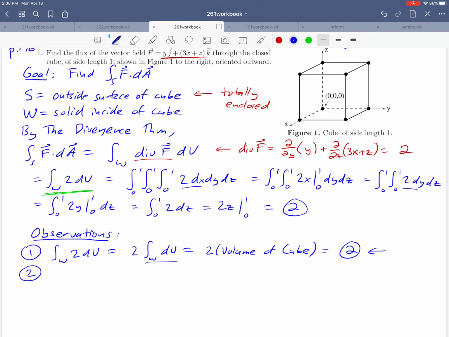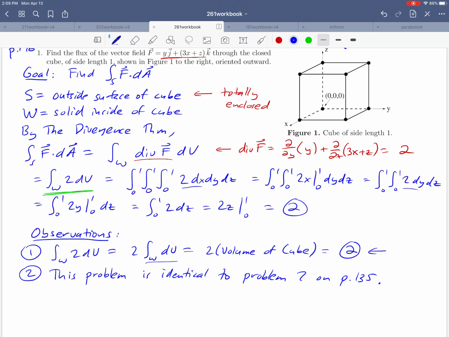The second observation I want to point out is that this problem that we just did was actually done back in chapter 19. Problem 7 on page 135. I'd like you to take a minute and do an experiment here.